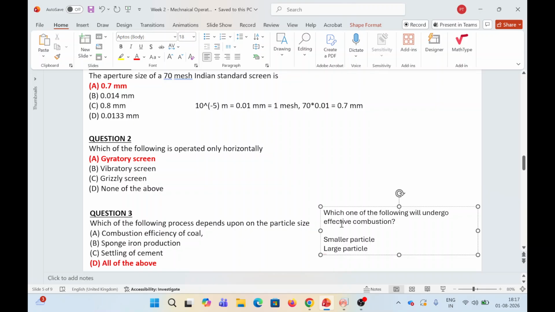Just two options: is it small or is it large? And of course, you need to justify.